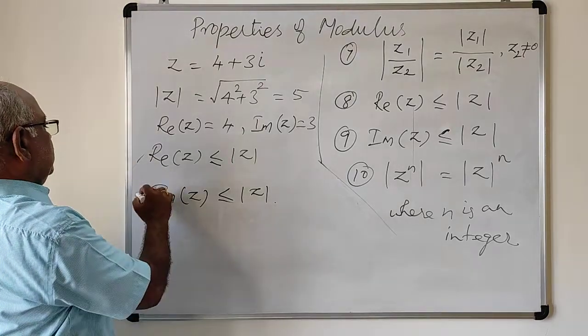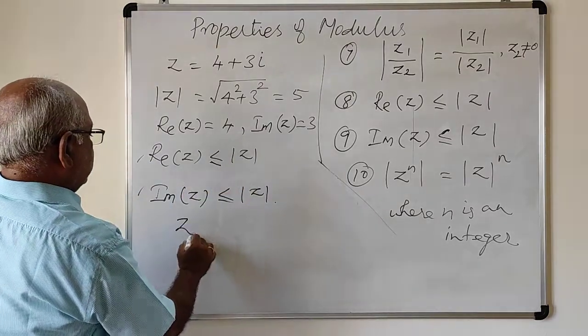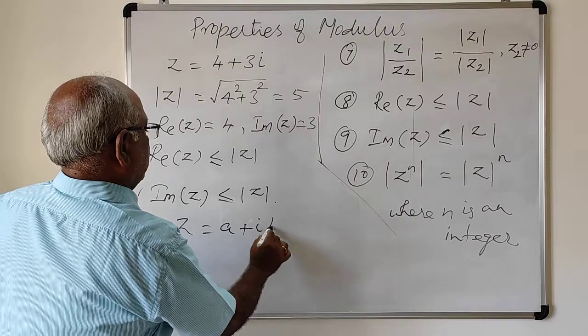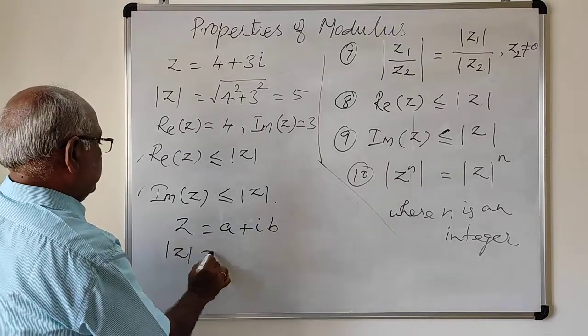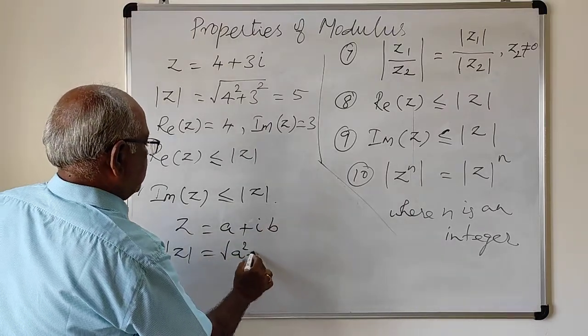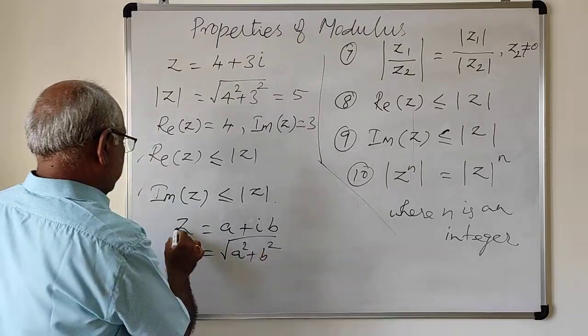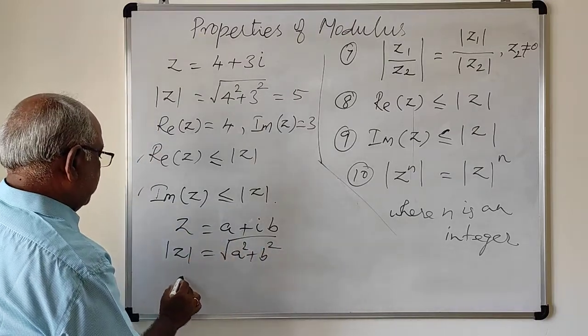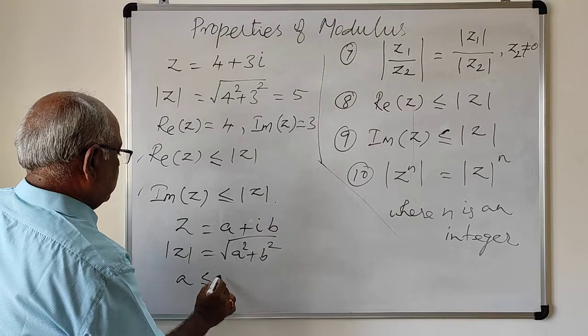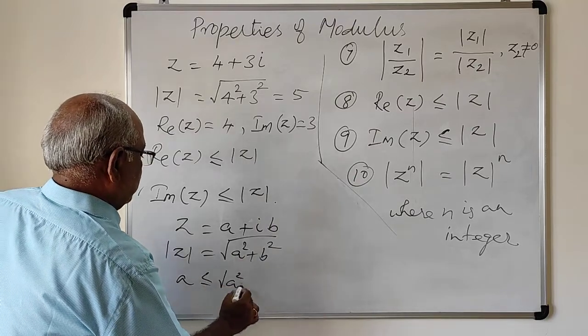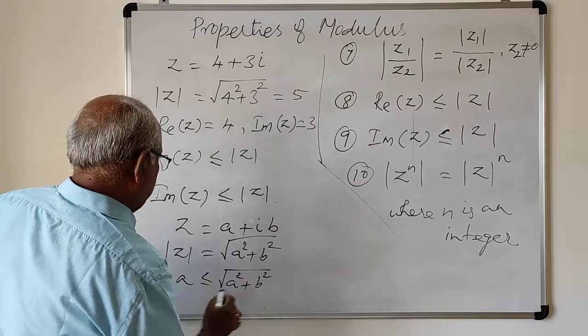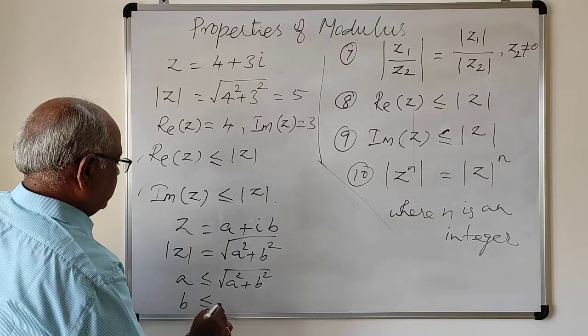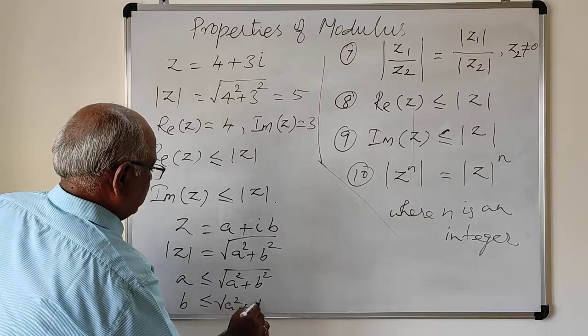So for these two results, suppose z is a complex number a plus ib. Then mod z is equal to root of a square plus b square. Therefore real part of z, which is a, is less than or equal to mod of z, root of a square plus b square. Similarly, imaginary part of z, b, is less than or equal to root of a square plus b square.